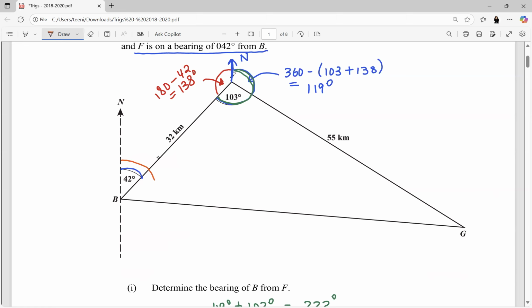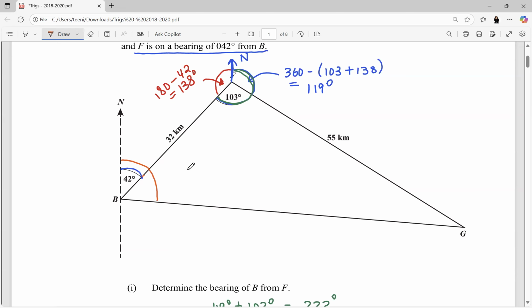That's this whole angle here. We already know that this little piece is 42, so we need to find the angle FBG, and then we add those two to get the full bearing of G from B.